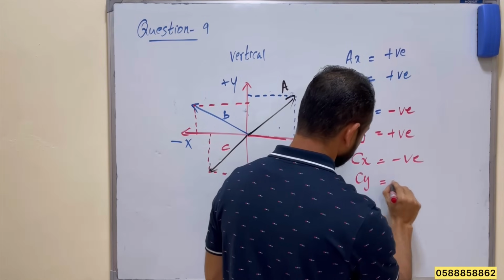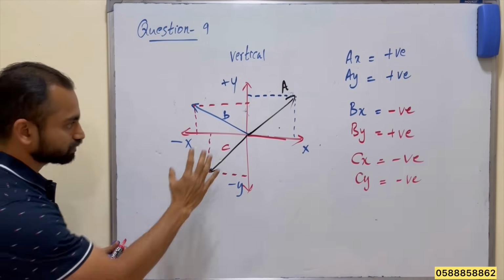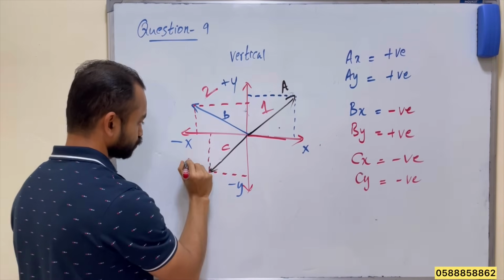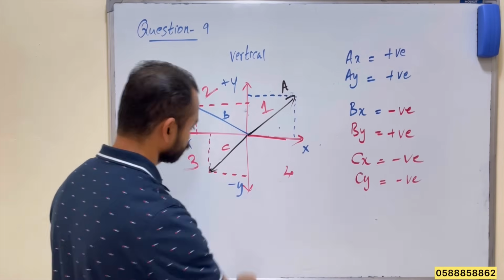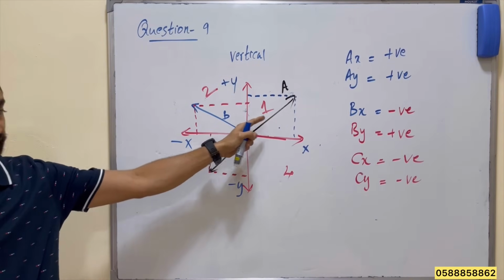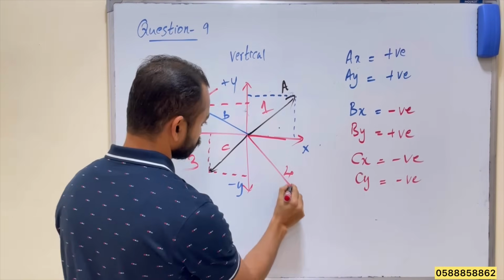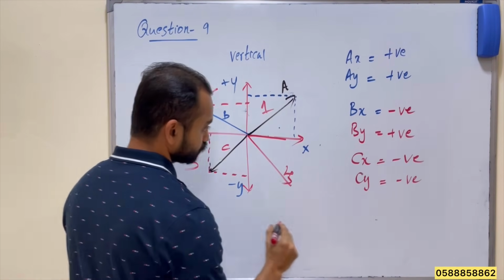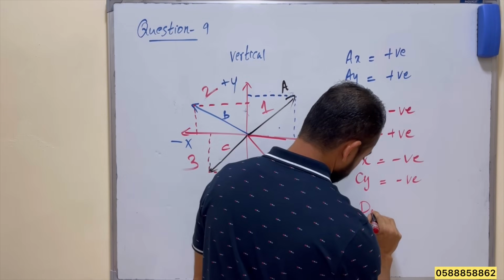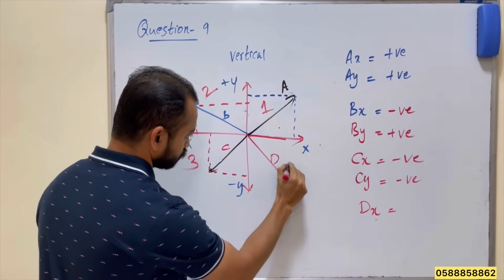Cy, right? Both negative. So if the vector is in the third quadrant, this is quadrant number 1, quadrant number 2, quadrant number 3, quadrant number 4. So if it is in the first quadrant, both are positive. Third quadrant, both are negative. So here in the fourth quadrant, the name is D. Dx, x component of D. From here go to the x-axis.